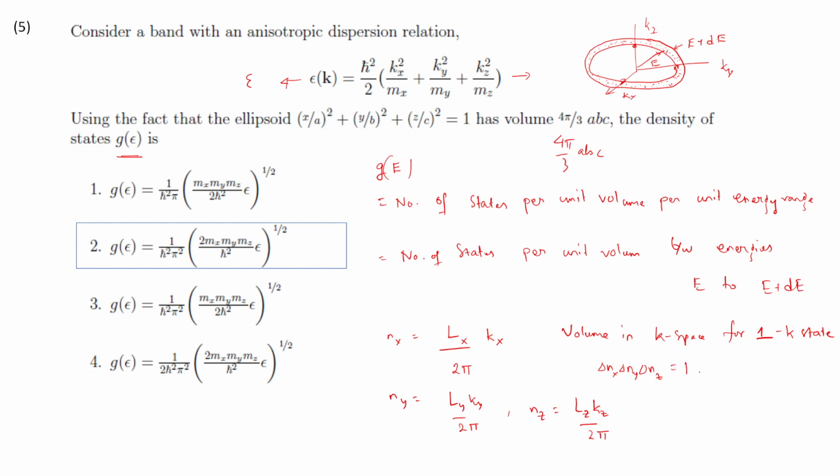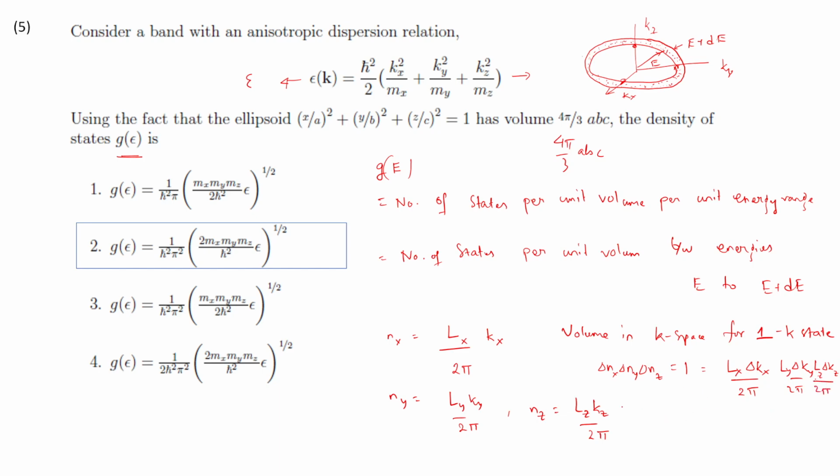And this will be 1 if we have lx delta kx by 2 pi, ly delta ky by 2 pi, and lz delta kz by 2 pi.